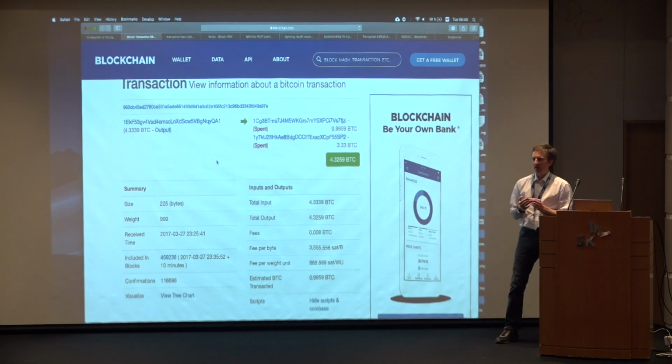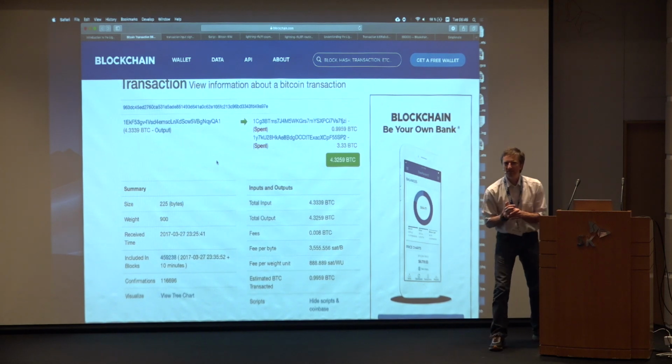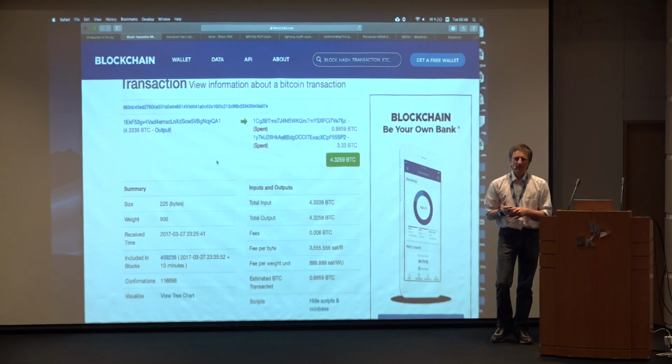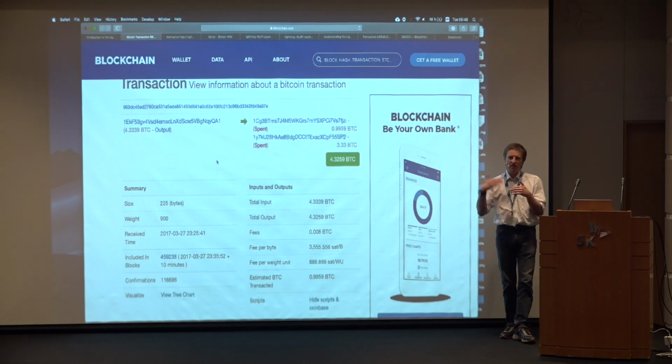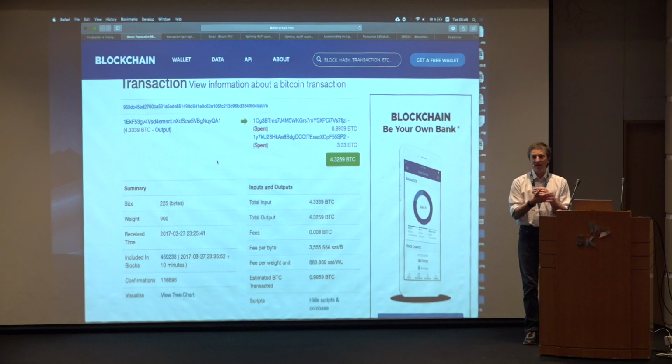No fees. But how can this be done? How can you mine transactions with no fees? Sorry? Yeah, you can be attached directly to a miner or to a mining pool, and then you gain your rewards from the mining work anyway.